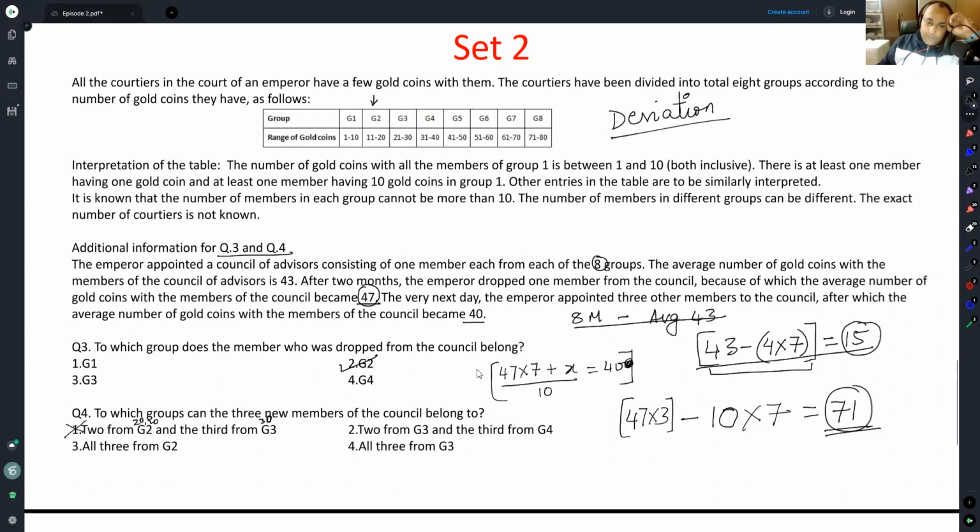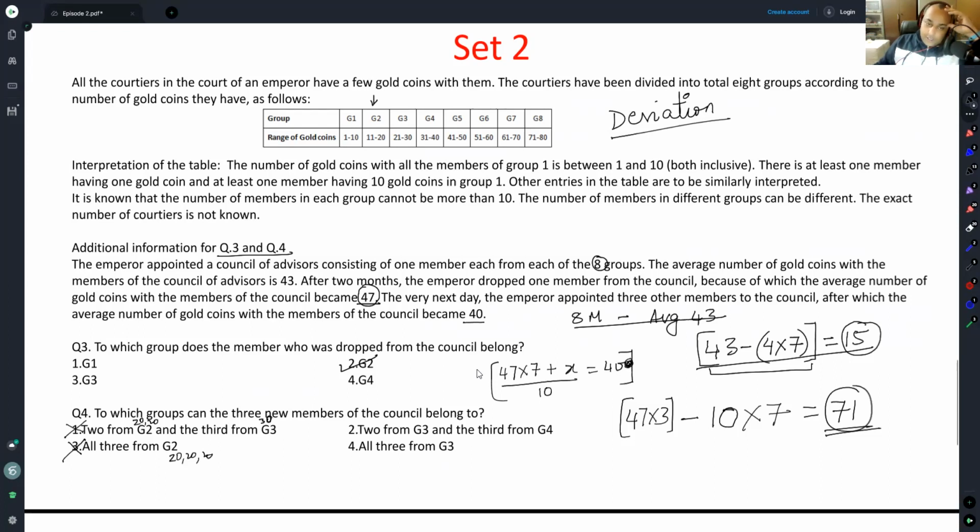So not possible. Let's look at this. All 3 from G2. If 2 from G2 and 3rd from G3 is not enough, even if I took all the people from G2 to be the highest possible, 20, 20, 20, this is still not good enough.